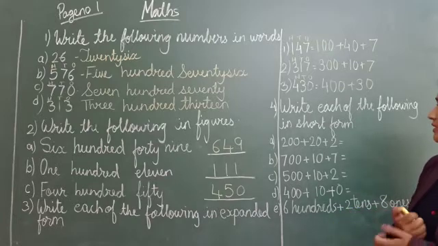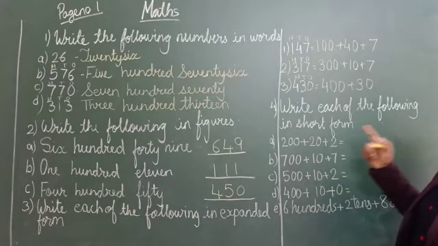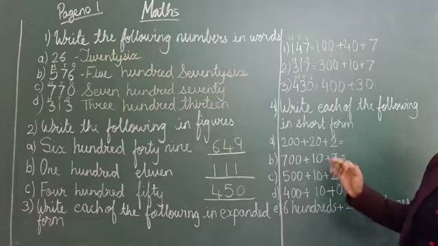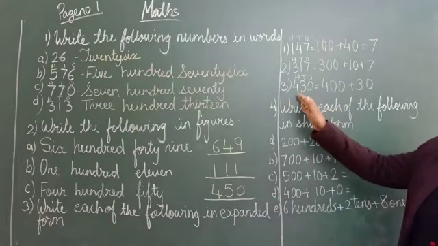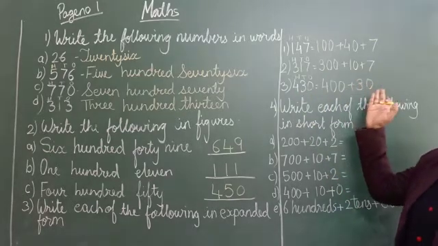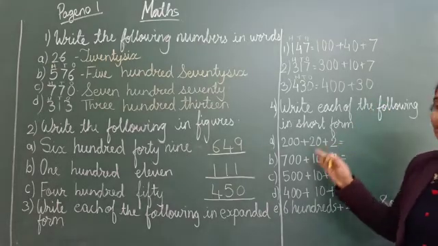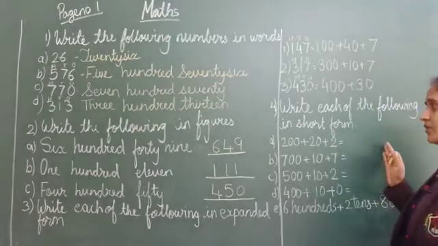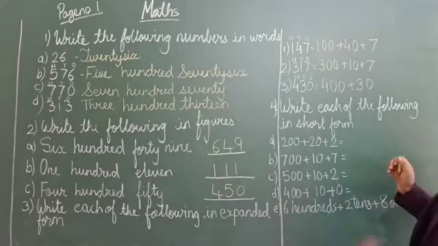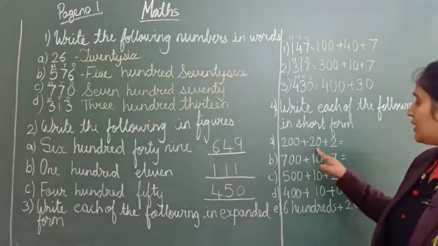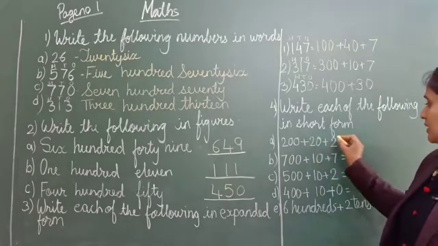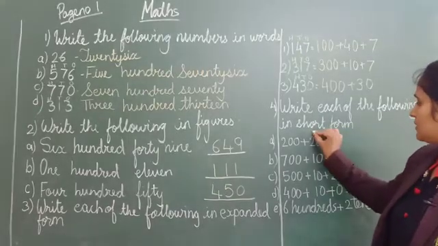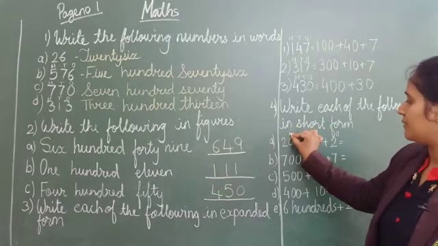Now we have a question: write each of the following in short form. Numbers were given, you have written in expanded form. Now the expanded form has been given and you have to write in number. So 222. Ones, tens, 100.